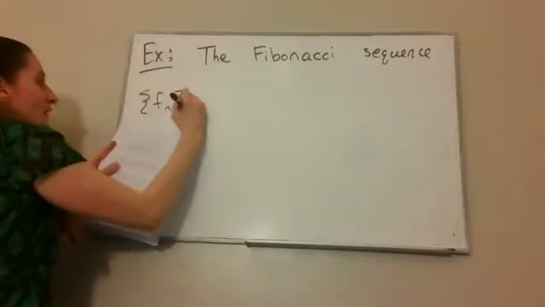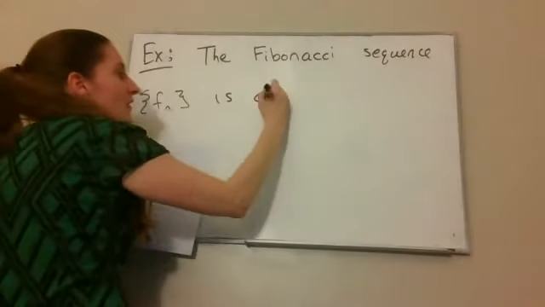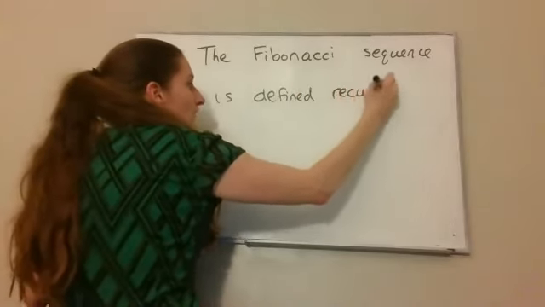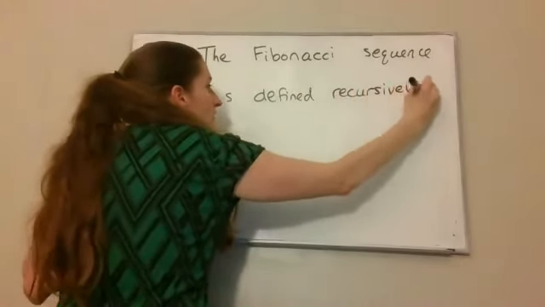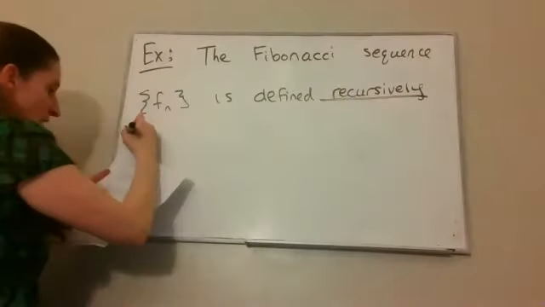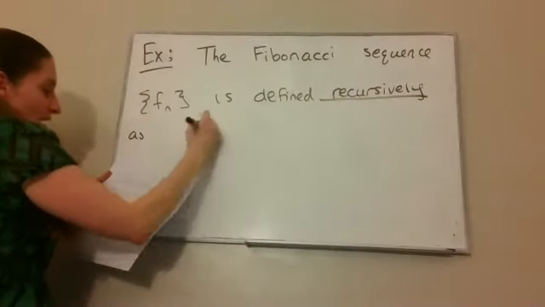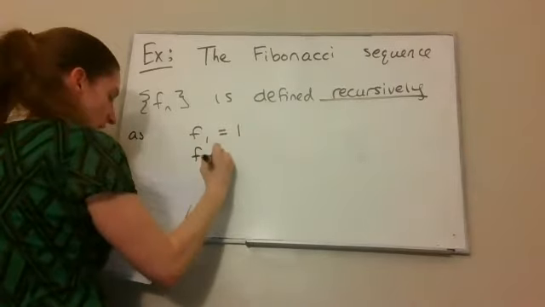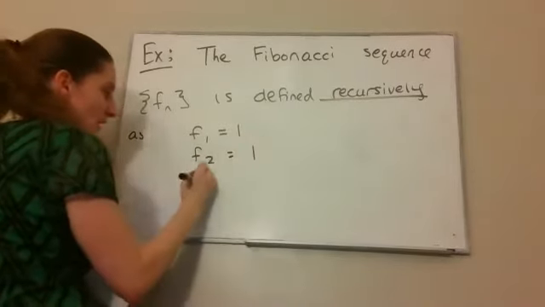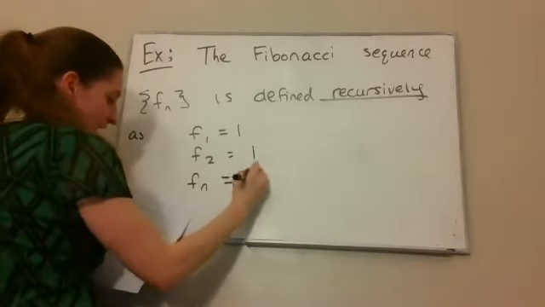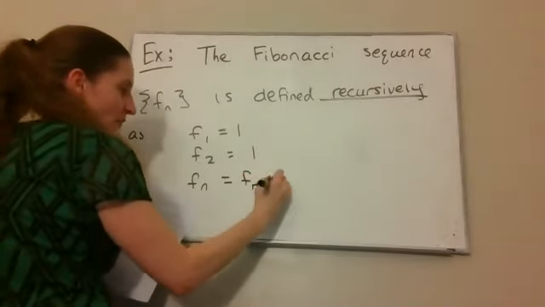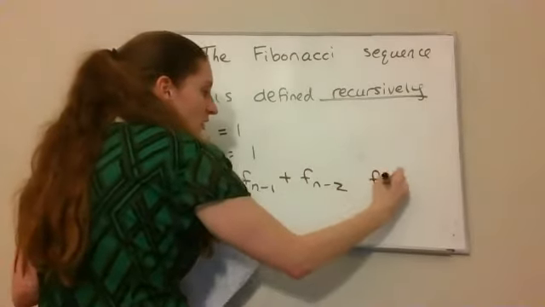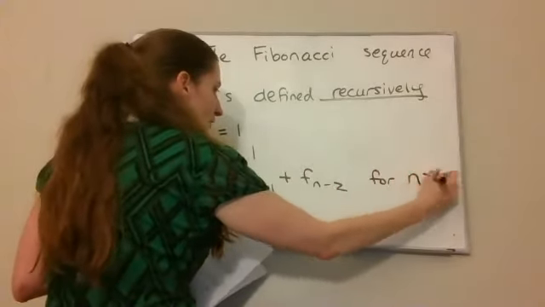I'm going to call it F_n. It is defined recursively as F_1 equals 1, F_2 equals 1, and F_n is equal to F_(n-1) plus F_(n-2) for n greater than 2.